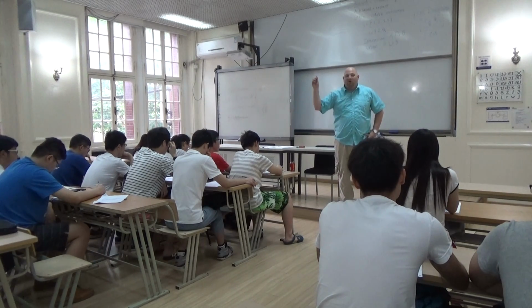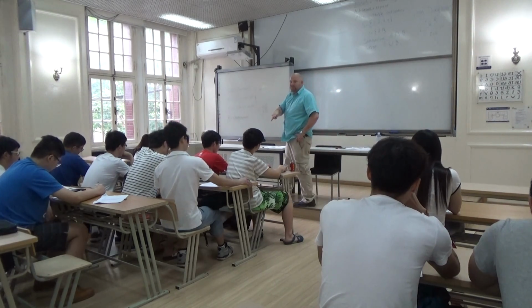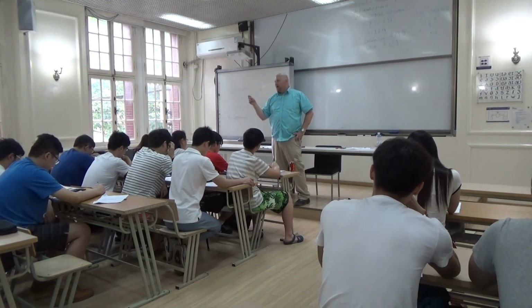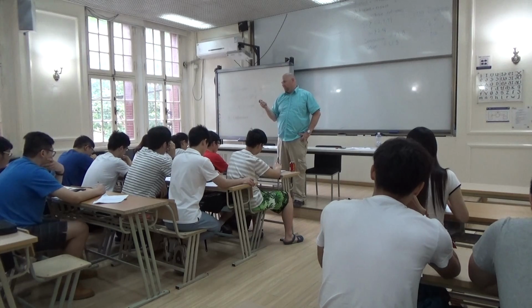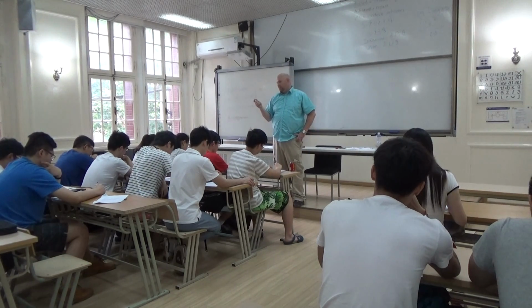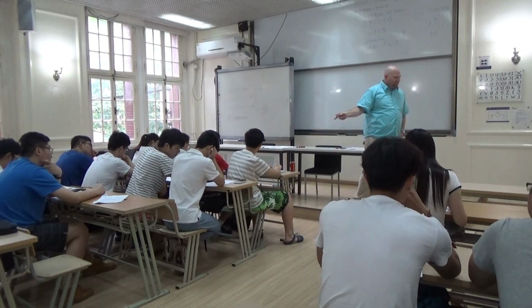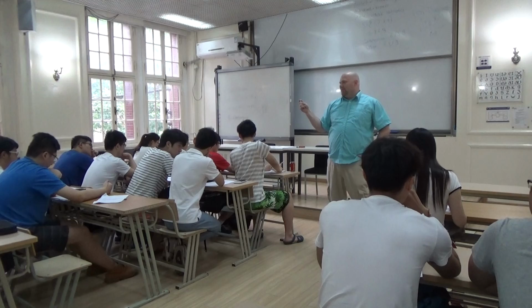Okay, I'm going to get even harder. Listen, because this isn't on this sheet. What's the probability of rolling a prime number and an even number? Nope, not 2/6. Okay.